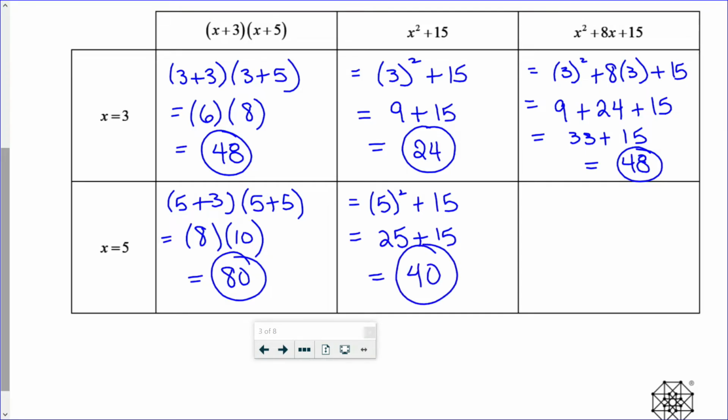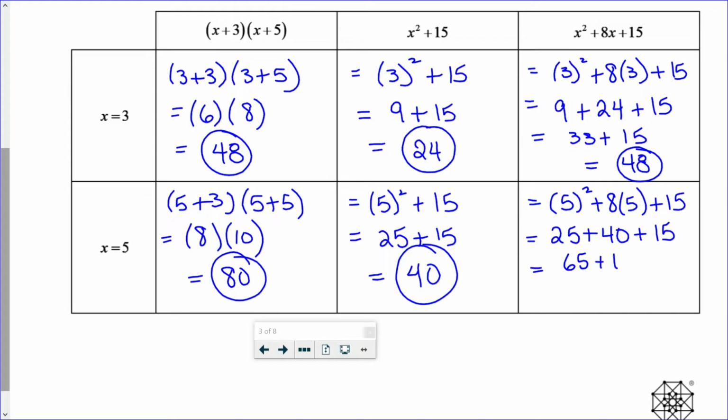Now I'm starting to think those are always half of one another. Or maybe they just are for that value. And finally, the more complicated expression, we're going to get 5 squared plus 8 times 5 plus 15. 5 squared, 25, 8 times 5 is 40, plus 15, 25 and 40 is 65. 65 plus 15 is again 80.